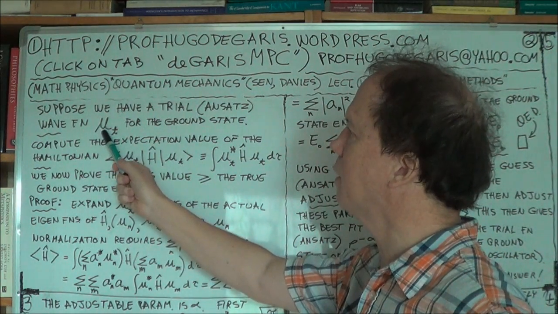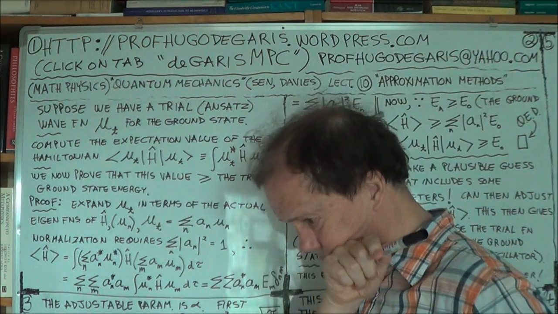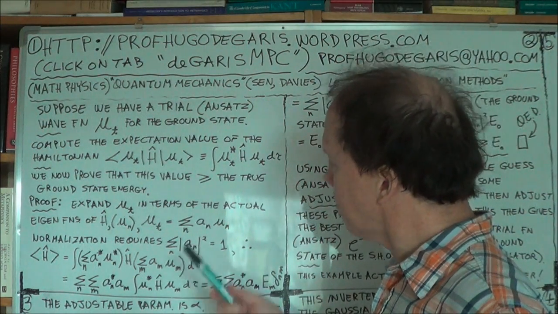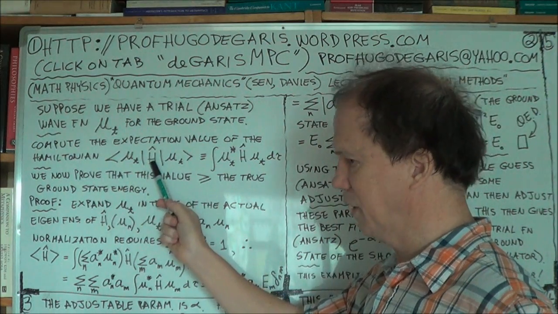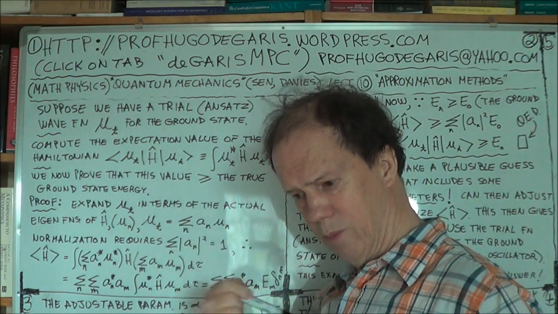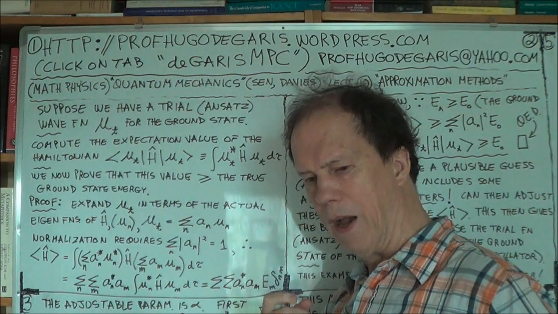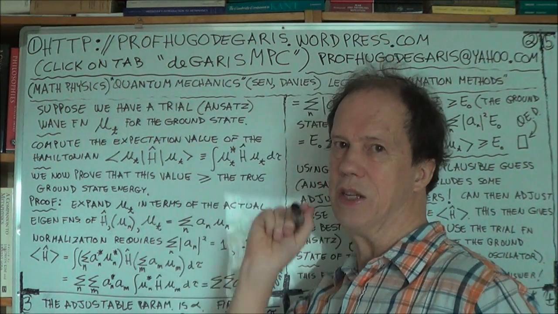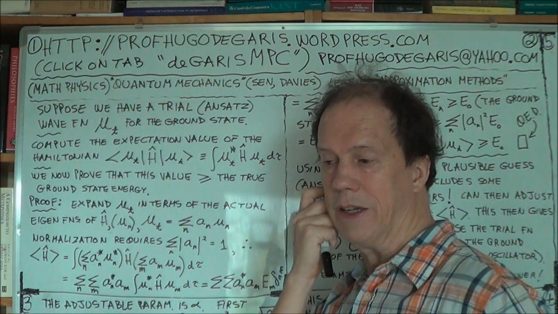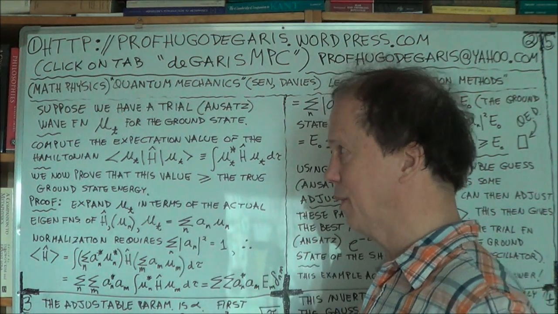Let's just call it here UT. And then we compute the expectation value of the Hamiltonian. Now, why do that? Because we're trying to find the eigenenergy, the lowest energy, the ground state energy, which by definition is the lowest energy. So E0, in other words.